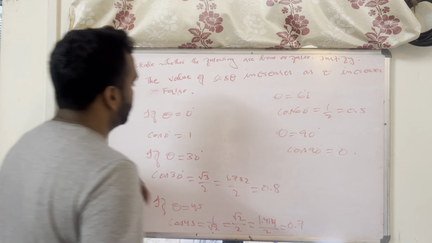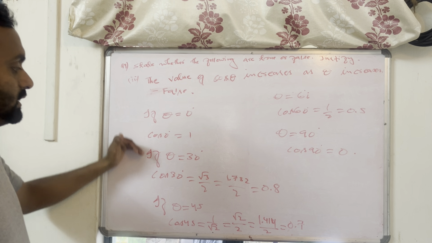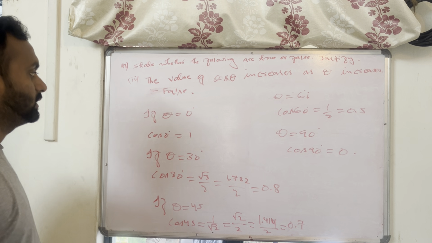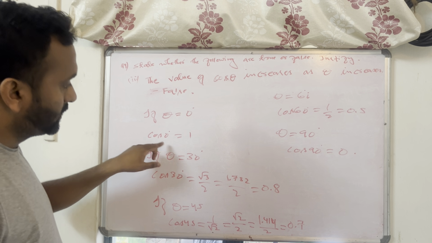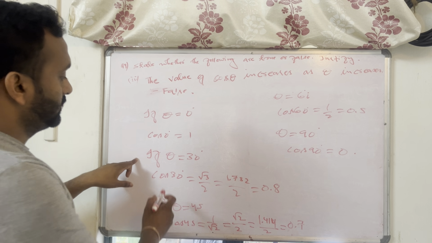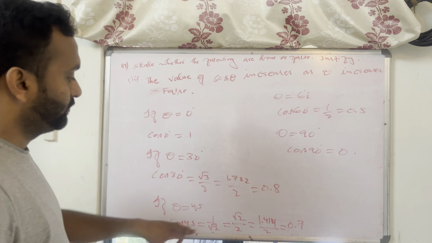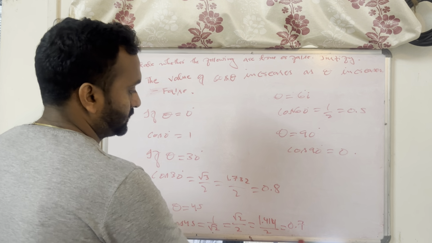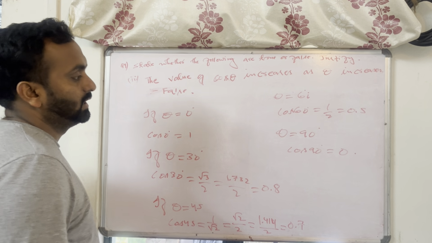So we can clearly see, as the value of theta is increasing, the value of cos theta is decreasing. When theta was 0, cos theta was 1. When theta is 30, cos theta is 0.8. When theta is 45, cos theta is 0.7. So you can clearly see that it is decreasing as the value of theta increases.